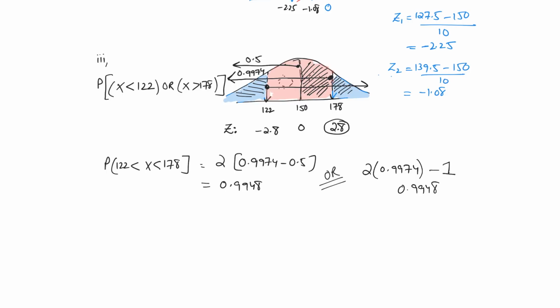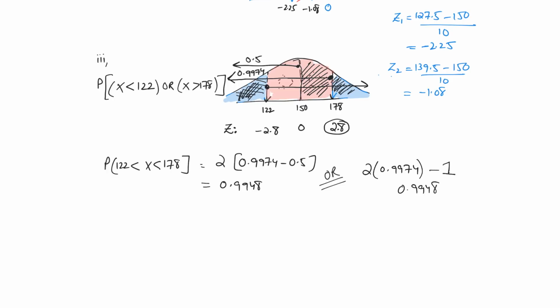We want to find this region, the blue one, which represents the deviation of more than 28. The red region represents the deviation within 28. Okay, so we want to find the probability of x less than 122 or x greater than 178.